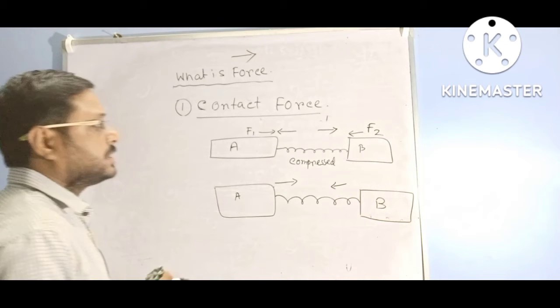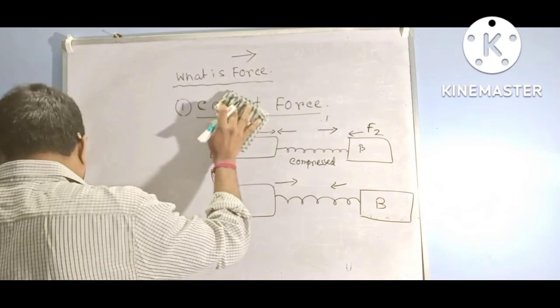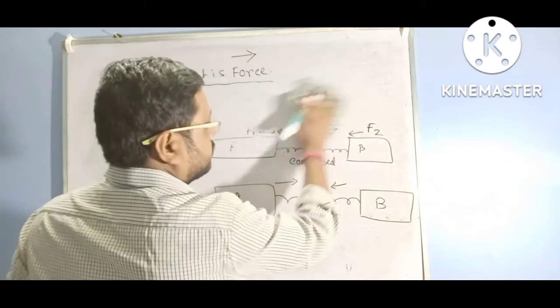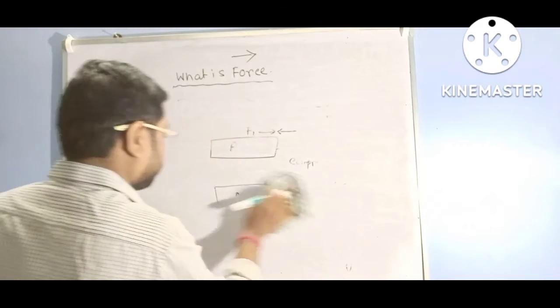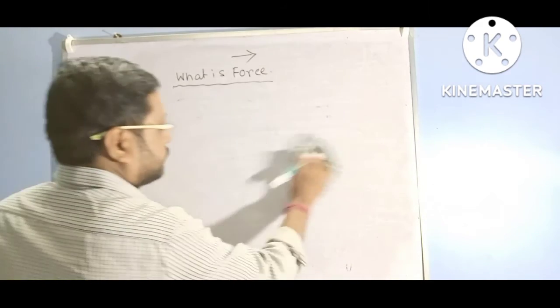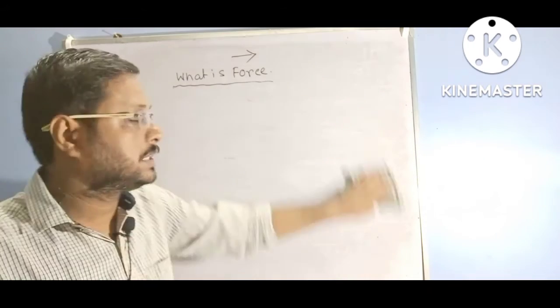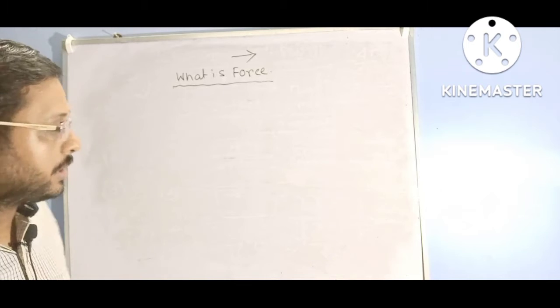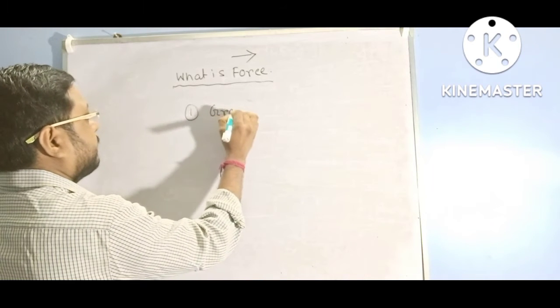There is another kind of force in nature which is not a contact force. These forces are called non-contact forces. Some forces are there where we cannot sense contact. Number one is gravitational force.